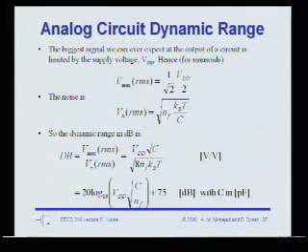If signal's bigger than that, you're going to clip. If it's smaller than that, your signal's lost in the noise. So that tells you roughly what the range of signals that your circuit can handle. So if you take that ratio, you see that the dynamic range is proportional to VDD, proportional to square root of C, and the rest of the things are more or less constant.